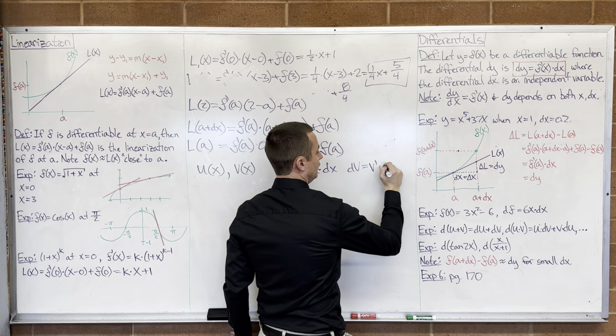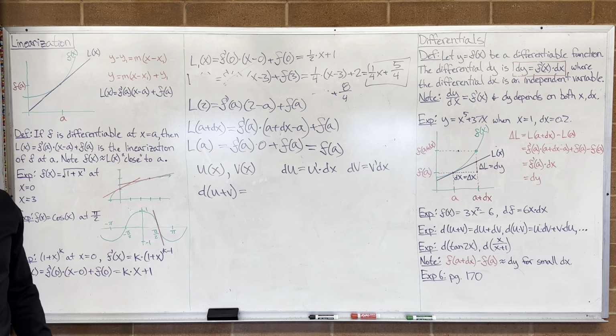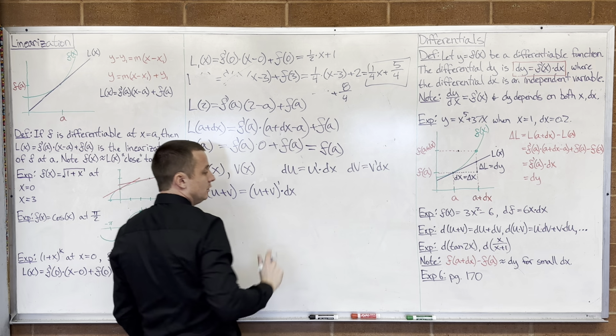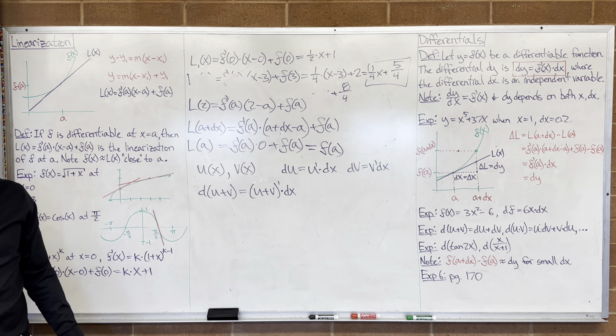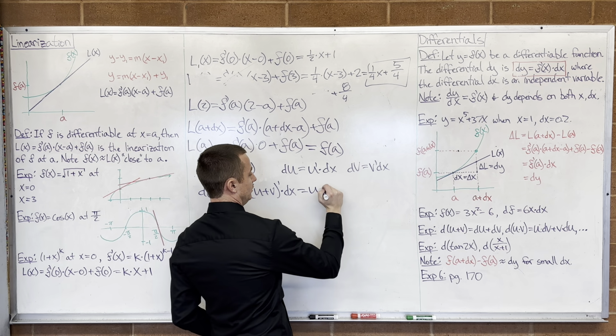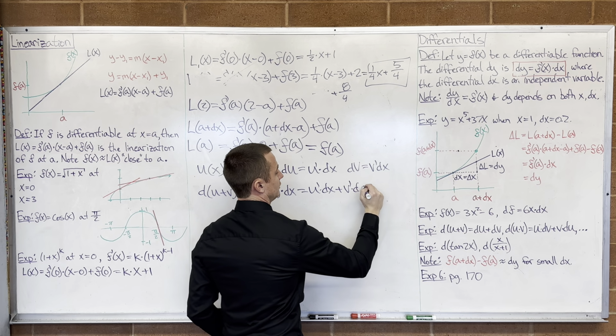That makes sense. Okay, now, what is the differential of u plus v equal to? It's going to be equal to the derivative of u plus v, times dx. What is the derivative of a sum? It's a sum of the derivatives. So this is equal to u prime times dx plus v prime times dx.